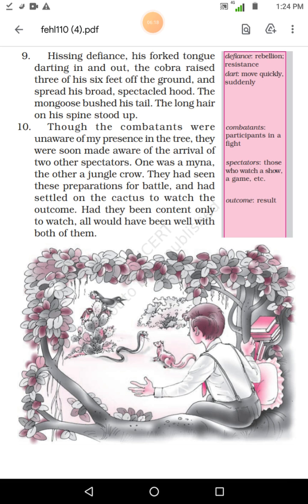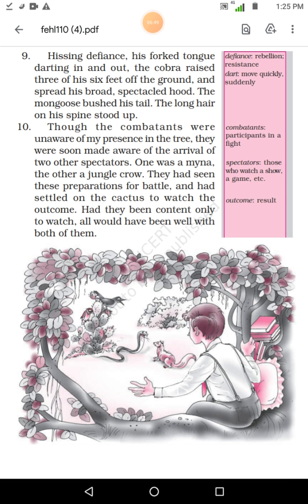The ones who are taking the lead role in the war are the combatants. Okay. The participants in the fight, in the war, the key fighters are called the combatants. They are neither the mongoose nor the snake. They don't know that the author is sitting in the tree and watching.